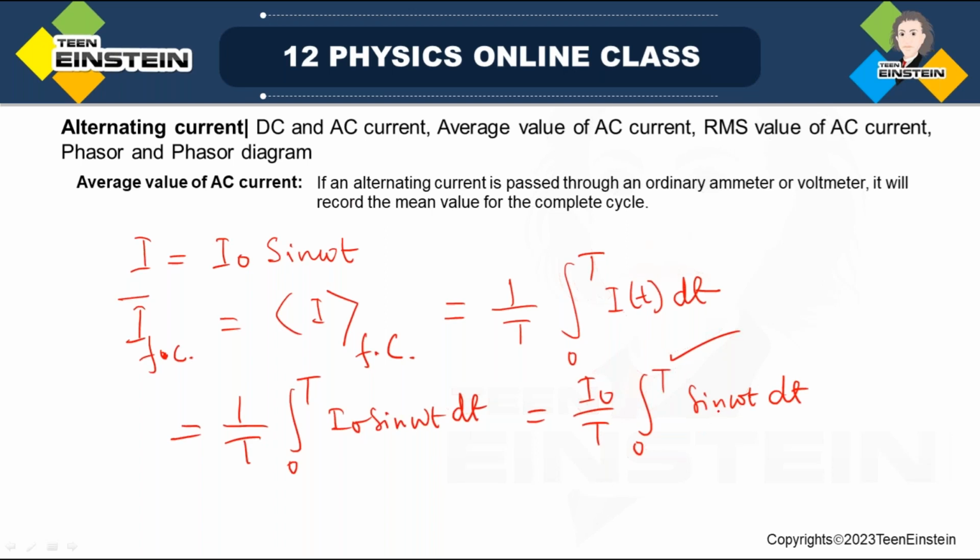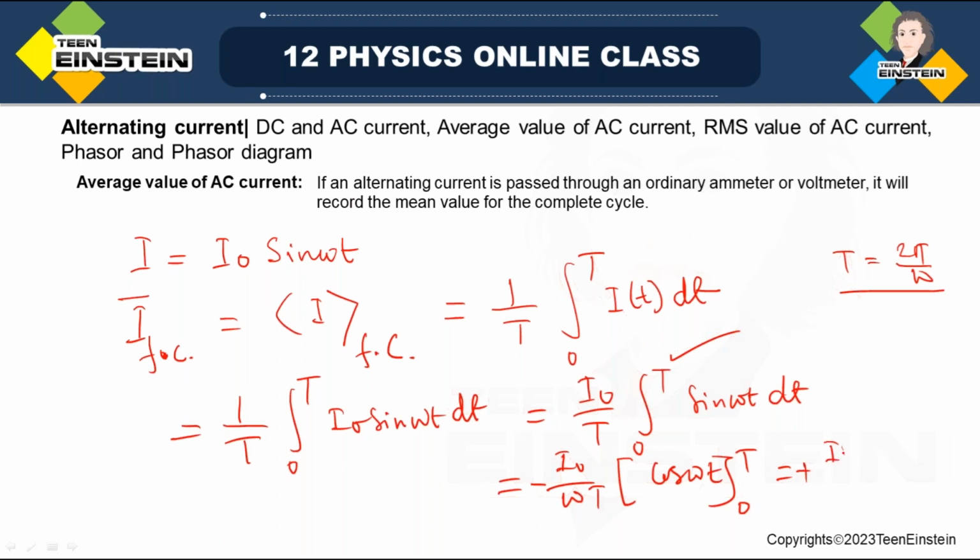If we integrate sine omega t, it will be cosine with a minus sign, and omega will come in the denominator. So minus cos of omega t in the limit 0 to T, where T is equal to 2 pi by omega. I'll take the lower limit first and make it positive here.